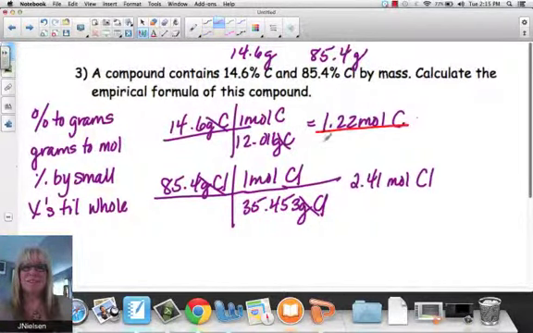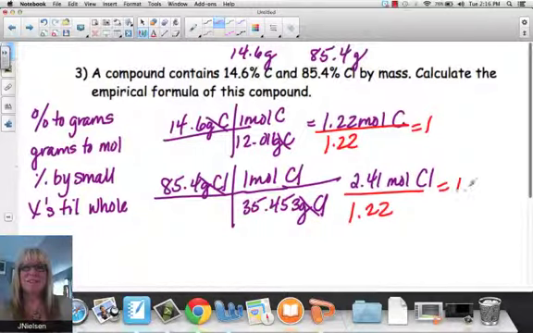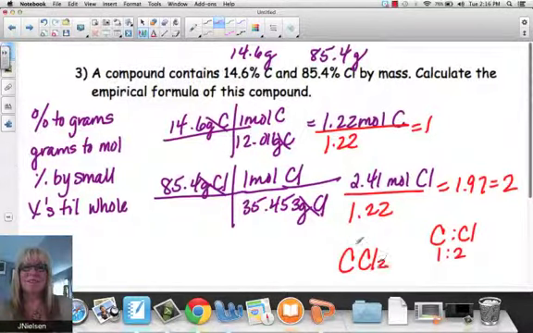So my smallest one here is 1.22, which is going to give me 1, and 2.41 divided by 1.22 is going to give me 1.97, which is approximately 2. So my C to Cl is a 1 to 2 ratio. So CCl2 is my empirical formula.